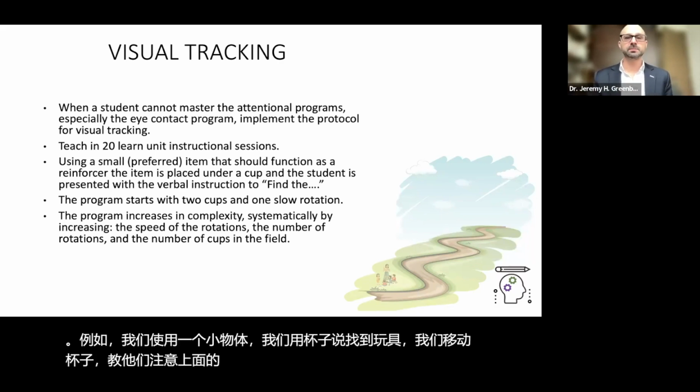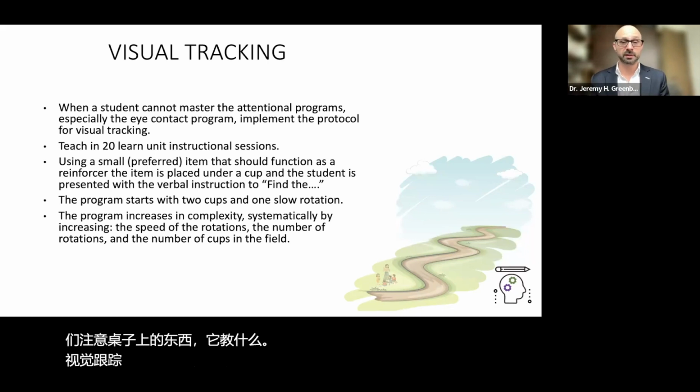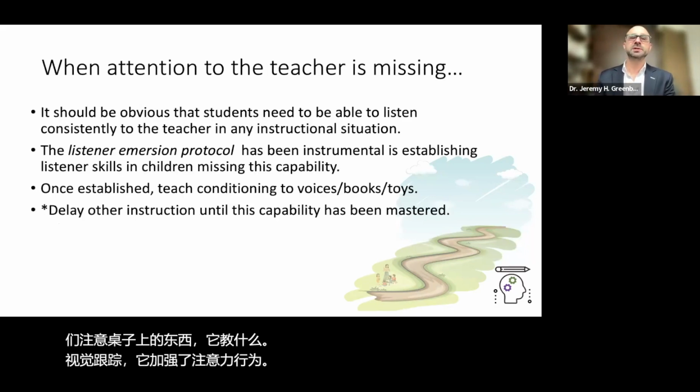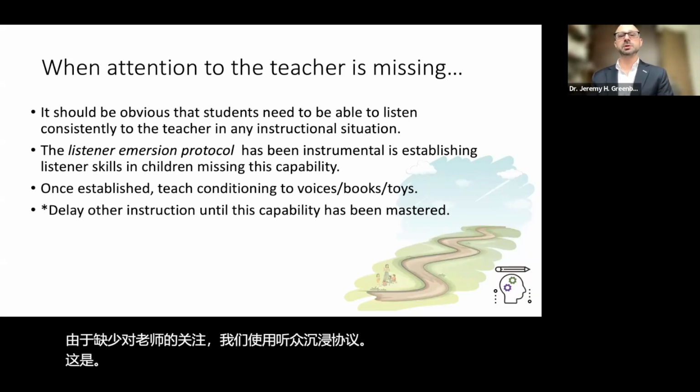It teaches visual tracking and it reinforces attentional behavior. When attention to the teacher is missing, we use the listener immersion protocol, which is also a critical capacity that we need to induce in students where that's missing.